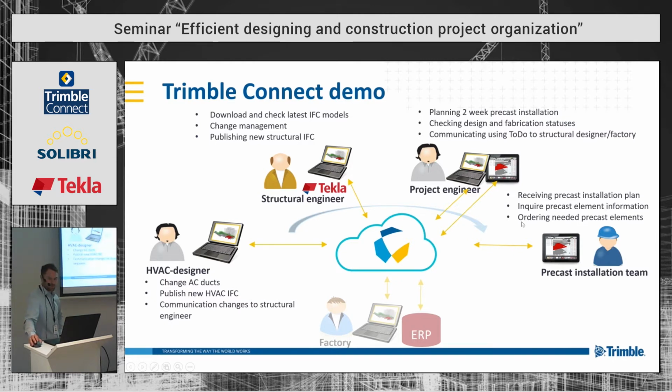And of course use the status, for example, or the to-do for ordering some precast elements from the factory. And in this role, the factory has the production planning system, and it's already integrated to this system, so it can automatically send the status, what the factory production situation is. Or it can be done also with the desktop or Tekla or the mobile tool.